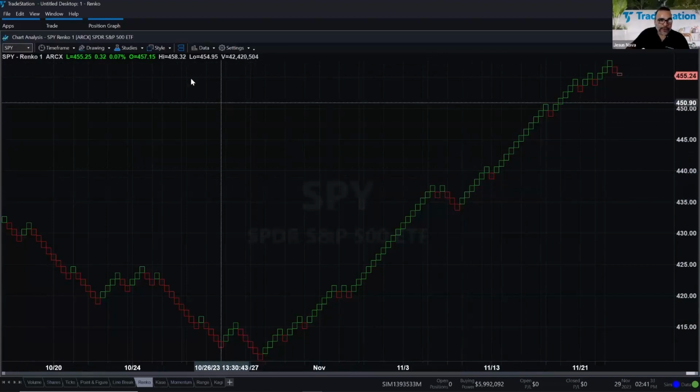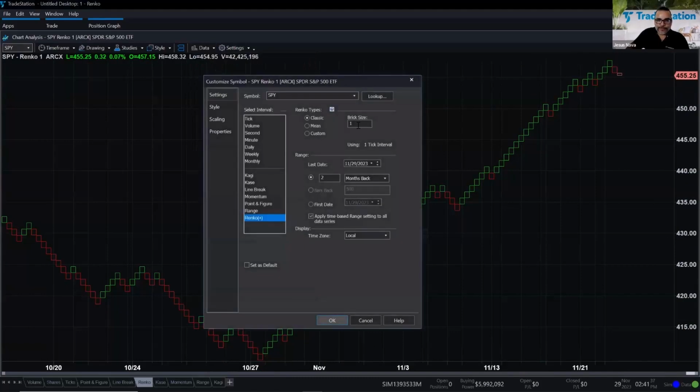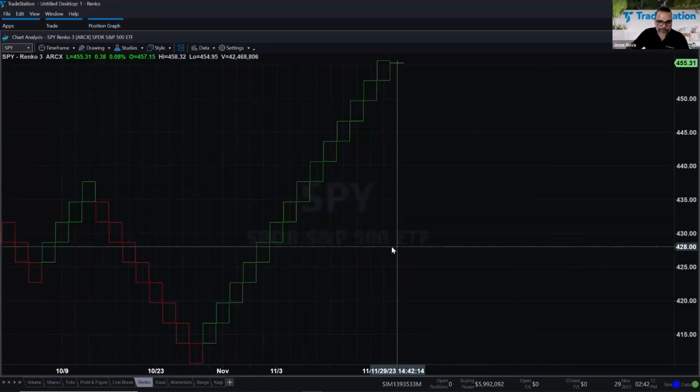Let me go ahead and go to data, and edit the symbol. You see, that's the brick size. That's what you consider to be a significant price movement. If I change that to 3, as we did on the point and figure, let me show you what that does. This is going to take a moment to calculate. What I want to show you here on the Renko is the beginning of November here.